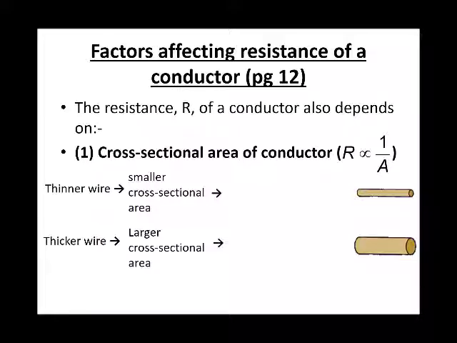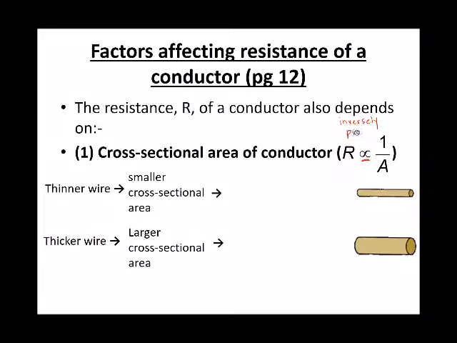Alright, so let's take a look at the next one. Okay, the next one is the cross-sectional area. So we say that the resistance and the cross-sectional area are inversely proportional, right? Because of this symbol, and then you have 1 over A. This means that resistance is inversely proportional. Okay, so you may want to write that down.